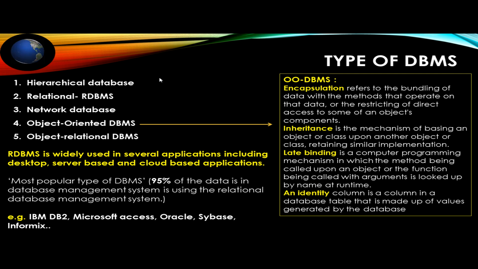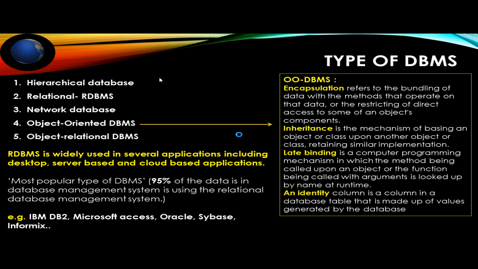Encapsulation refers to the bundling of data with the methods that operate on that data, or restricting direct access to some of the objects or components. It means we are bundling information inside one sheet in which we give all the information, but we keep some security.